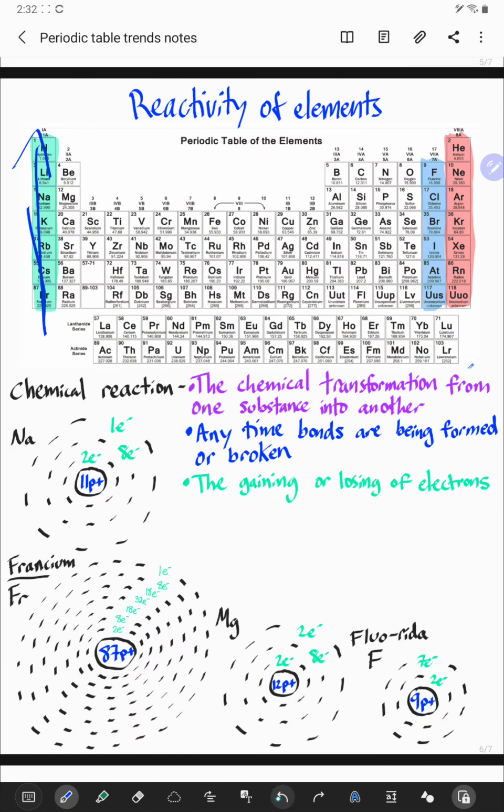So let's think about what these elements are trying to accomplish in order to get to 8 valence electrons. They want to lose an electron. So that's going to be talking about our concept of ionization energy. Which we recall is the amount of energy required to remove an electron.